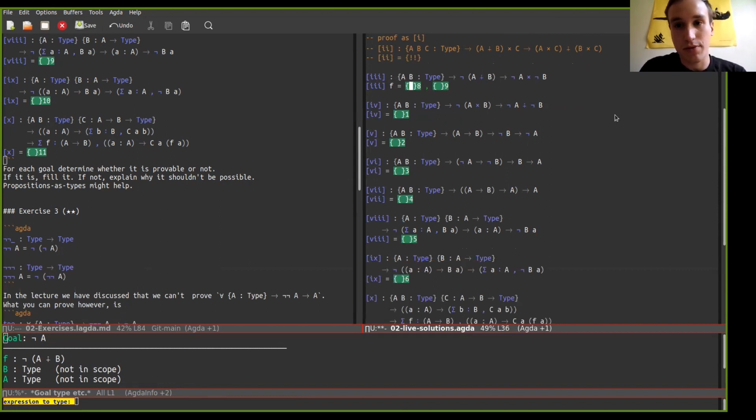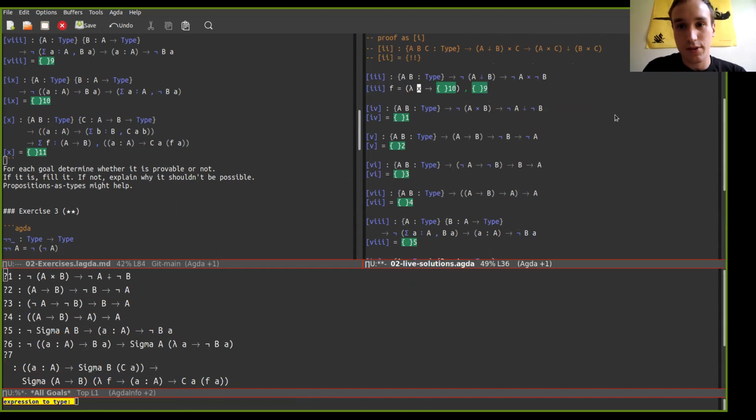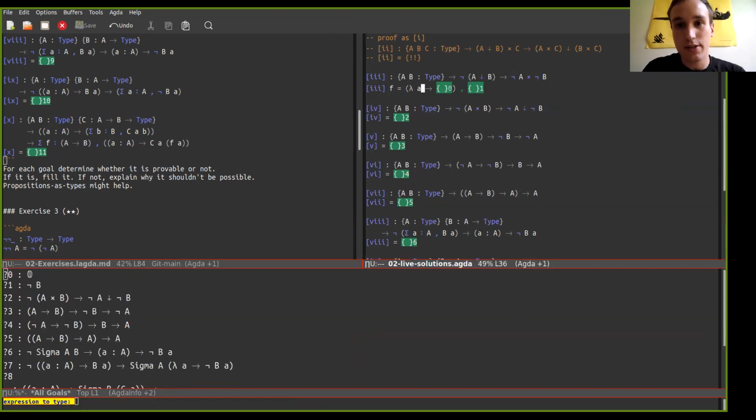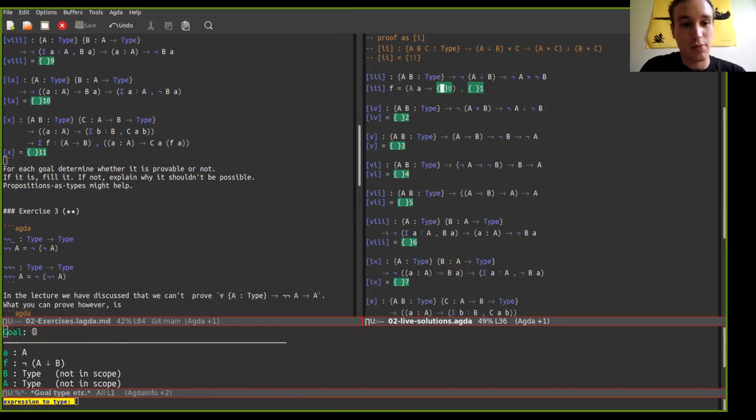So we have to prove something of not A. We can do refine. This gives us, maybe call it an A. So now we have to produce something of the empty type. So we want to apply F to our element A here, and we will get something of the empty type, but this is not quite possible because it takes values in the disjoint union type.